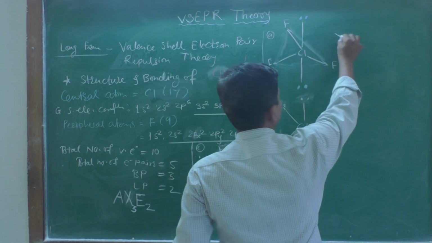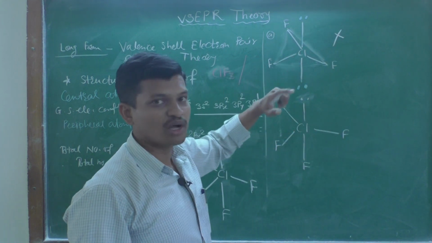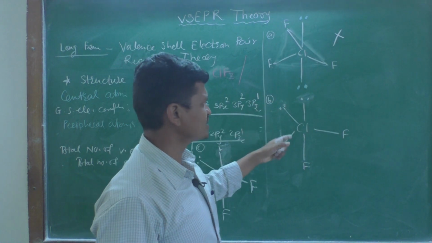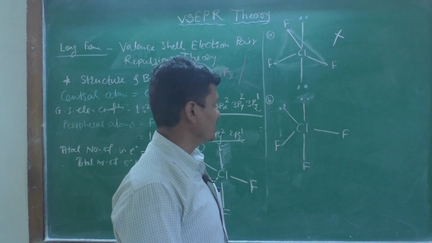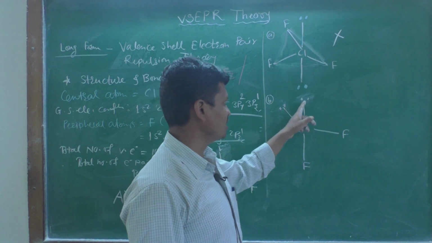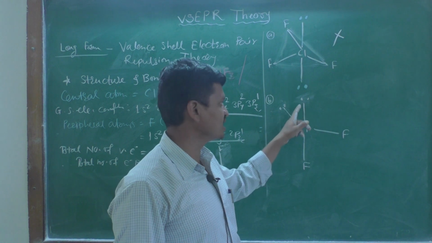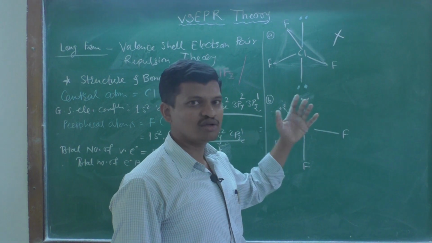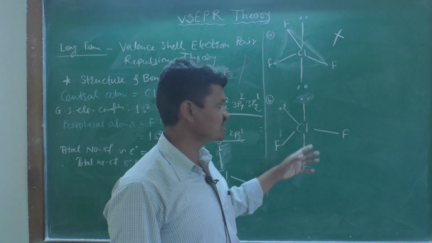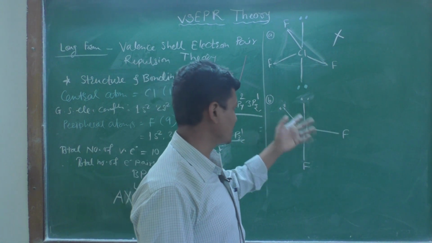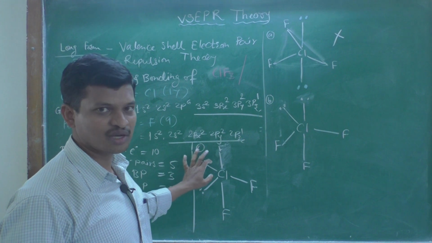So this possibility will be ruled out completely. Then the next structure is this one, in which again one axial lone pair is there, and due to this axial lone pair, lone pair-bond pair repulsion takes place, and it will be greater than this repulsion.